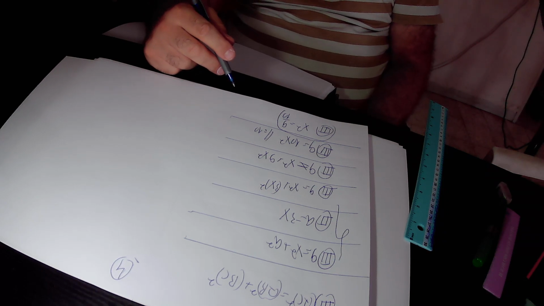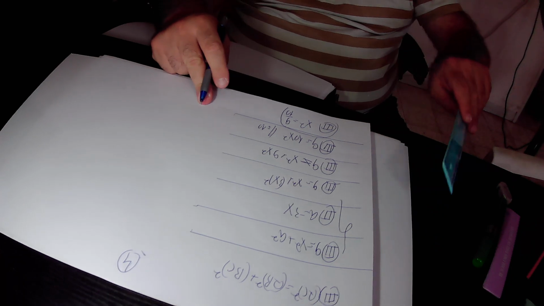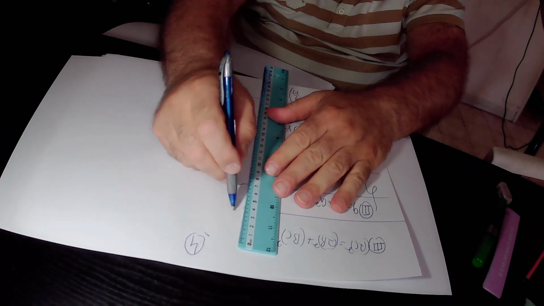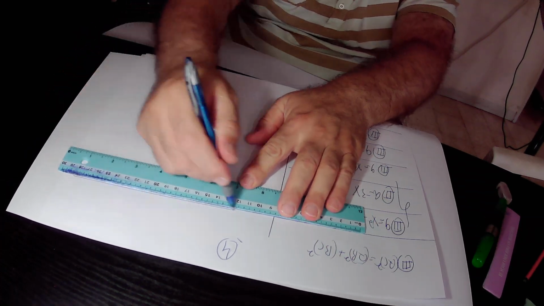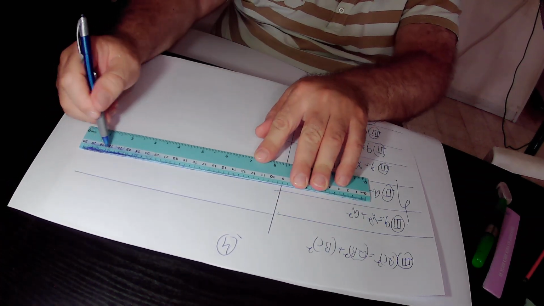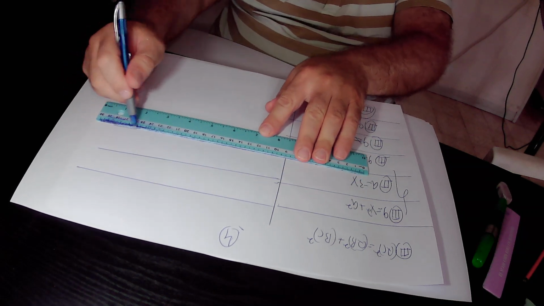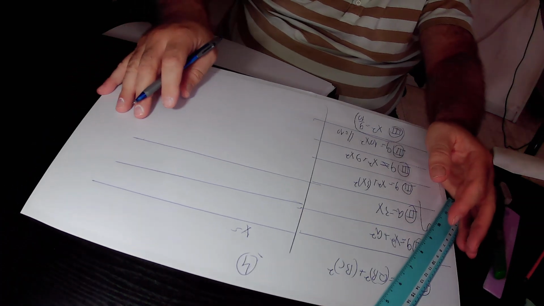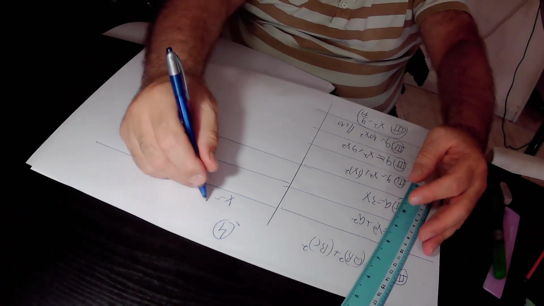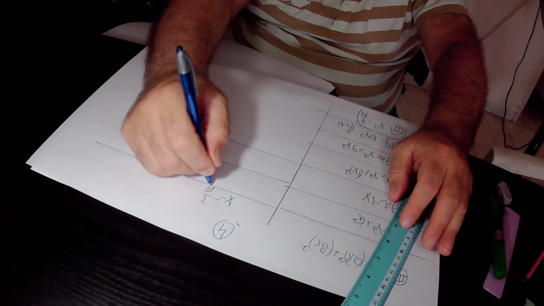Here we take a root out of this equation 3, and finally get that x equals the square root of 9, that is 3, over square root of 10.